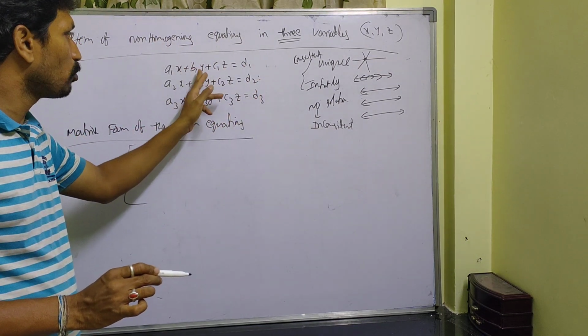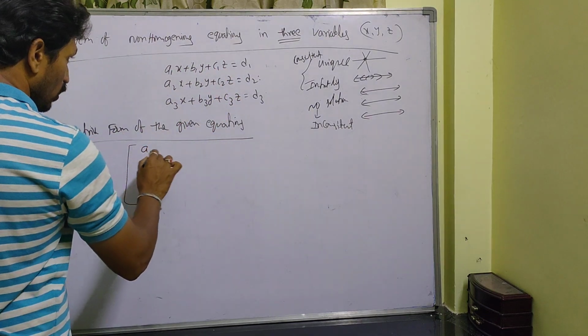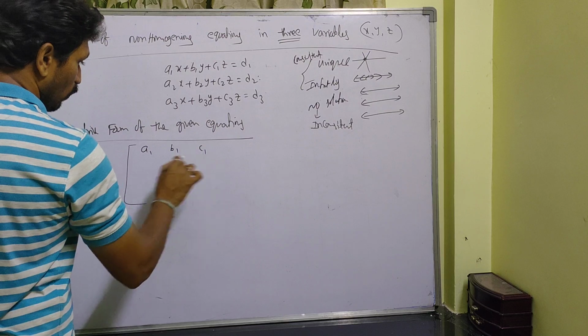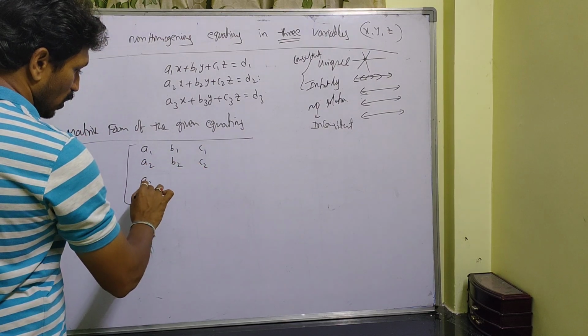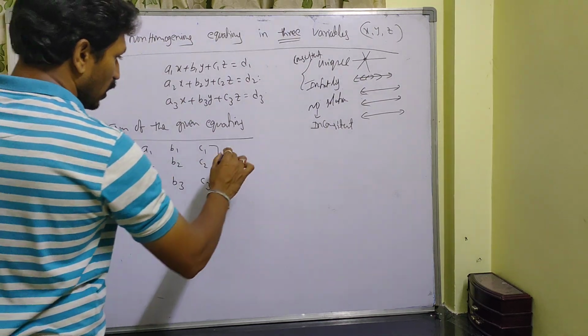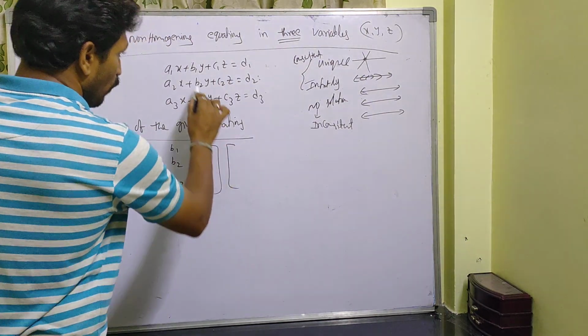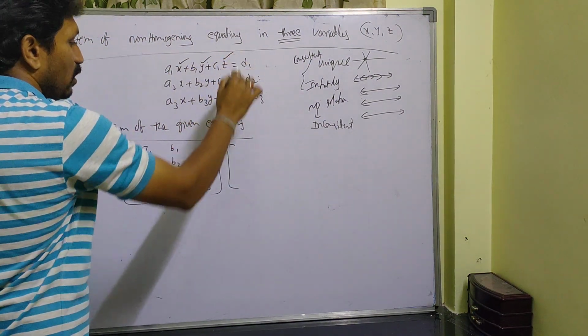Here only the x coefficient, y coefficient, and z coefficient we have to consider: a1 b1 c1, a2 b2 c2, a3 b3 c3. Here you should write the variables. What are the variables here? x, y, z are the variables.